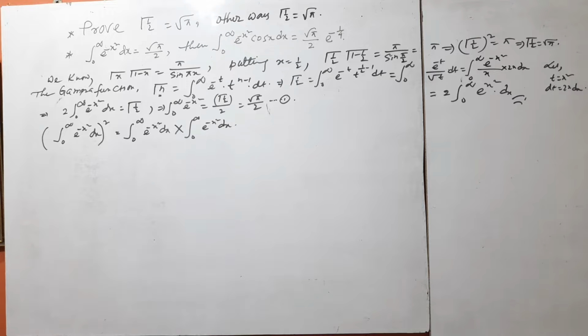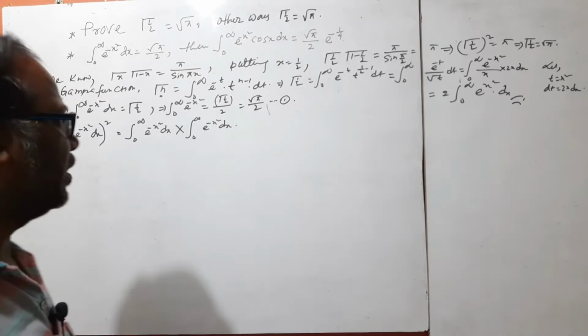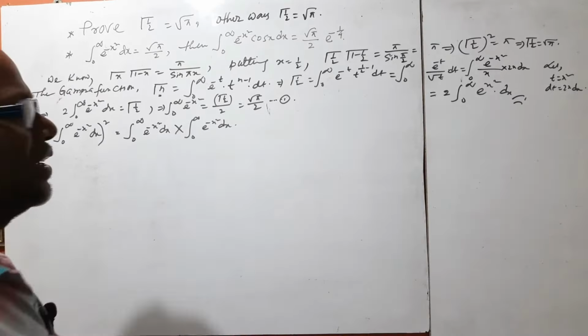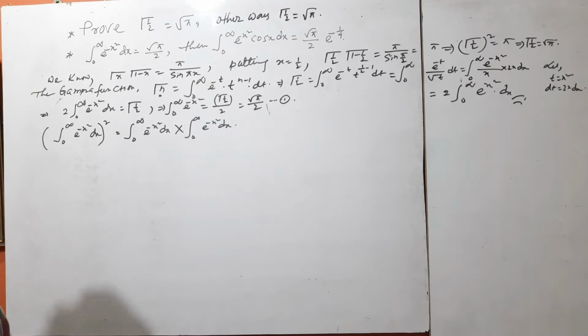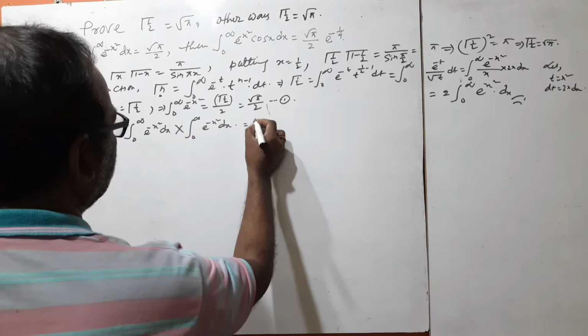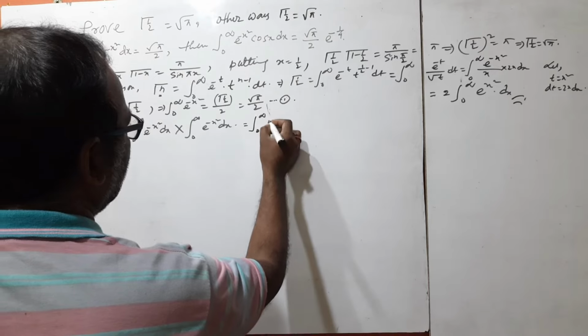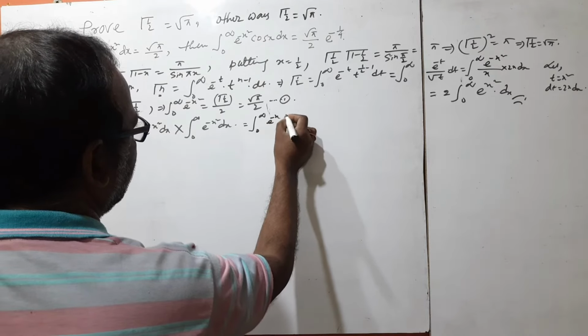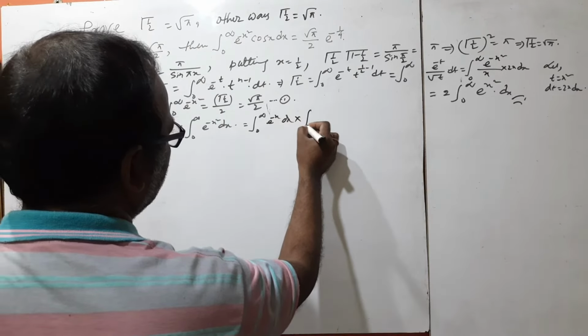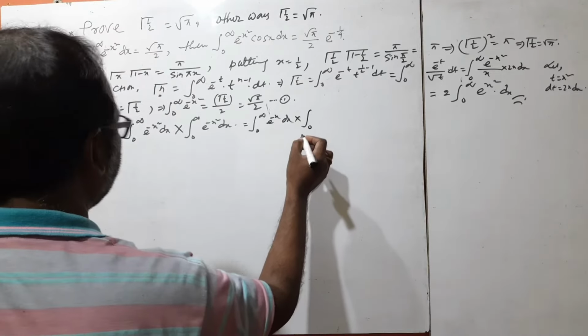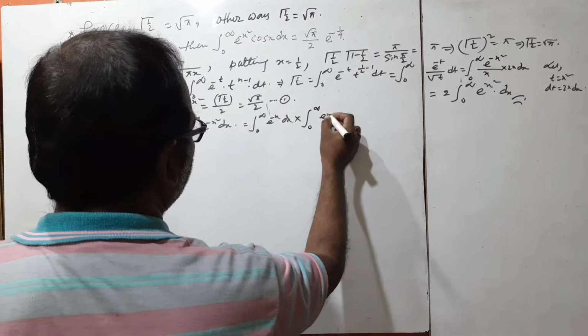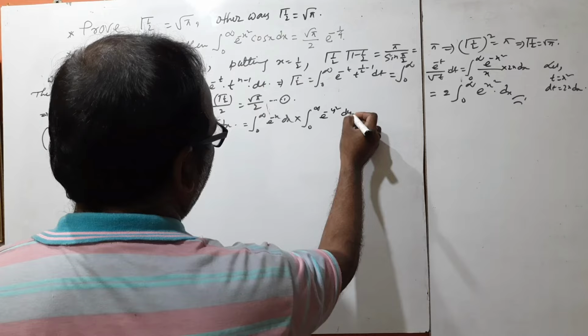Since I want to introduce a dummy variable in place of x for this integral, let us assume y as the dummy variable. So we can write the integral from 0 to infinity of e to the power minus x square dx times the integral from 0 to infinity of e to the power minus y square dy.